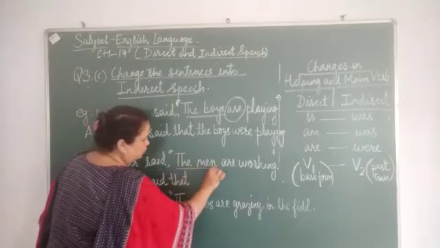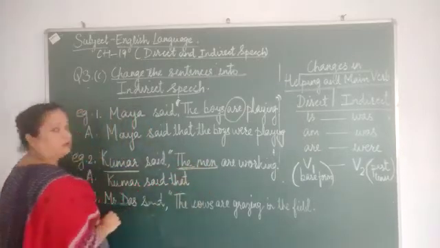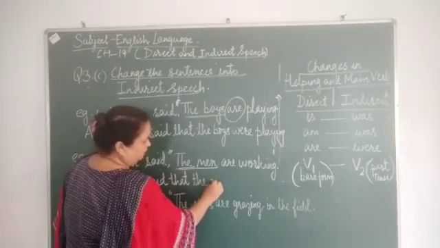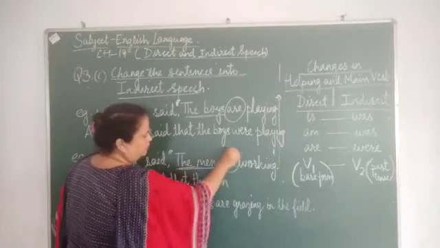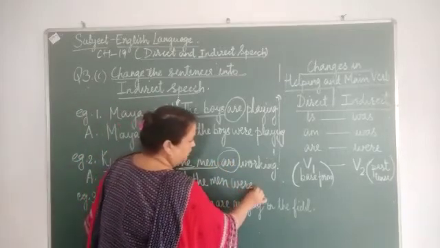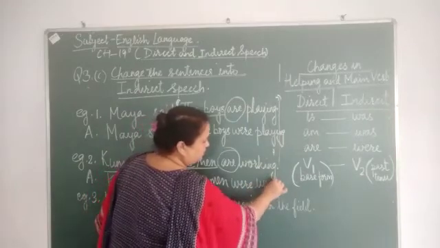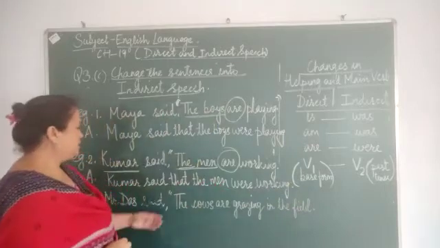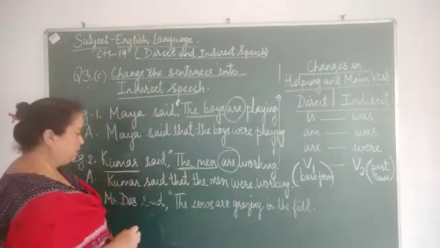Now who is Kumar talking about? Kumar is talking about the men. Now we will replace "are" by using "were" and then the rest of the sentence. So what's the answer we got? Kumar said that the men were working.